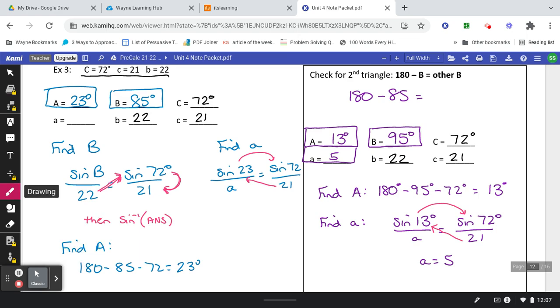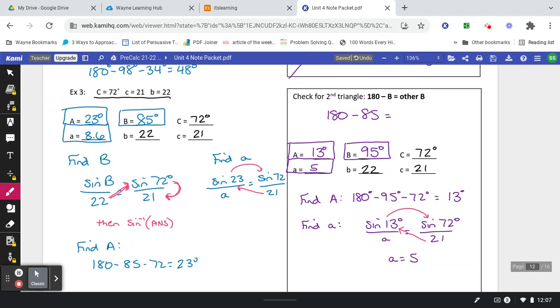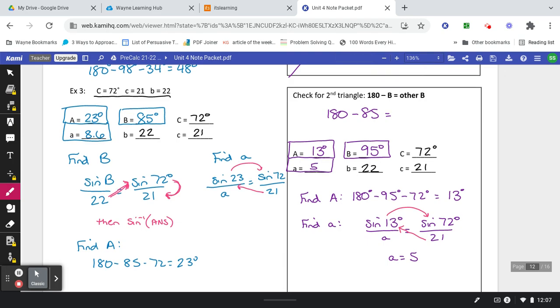All right. Calculator should have given you about 8.6 if we round. So you can see that is according to the amount of work, 2 triangles is the situation where you're going to have the most amount of work because you're literally solving for 2 full triangles.